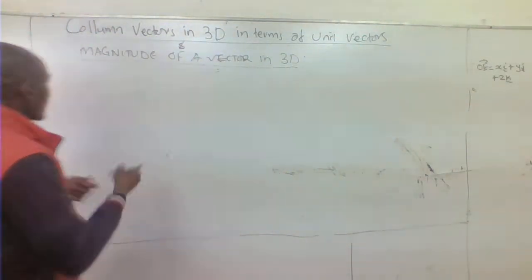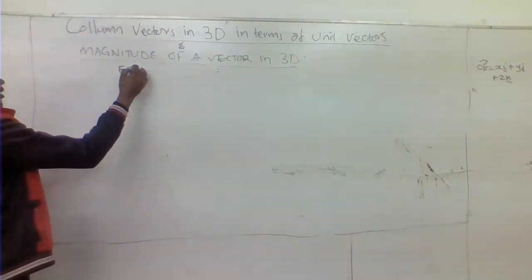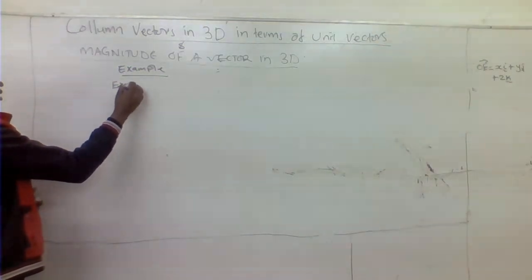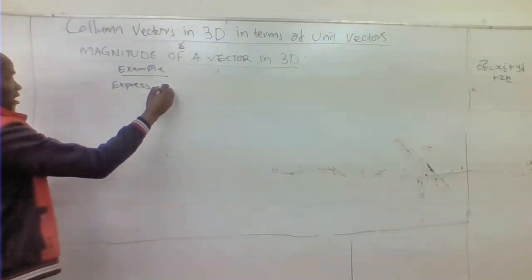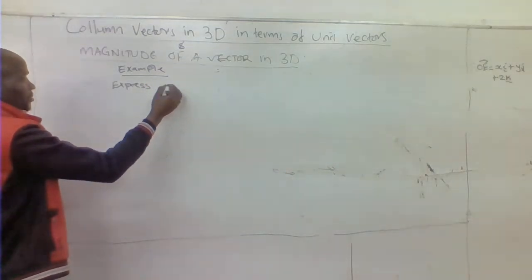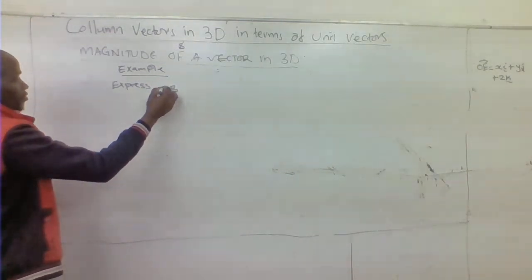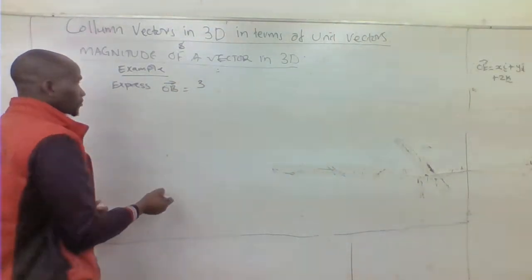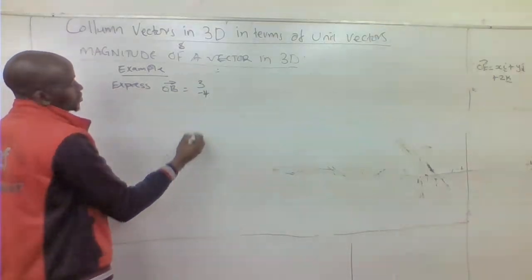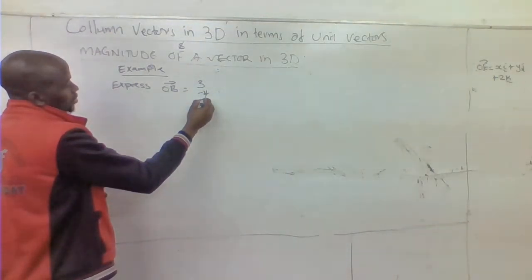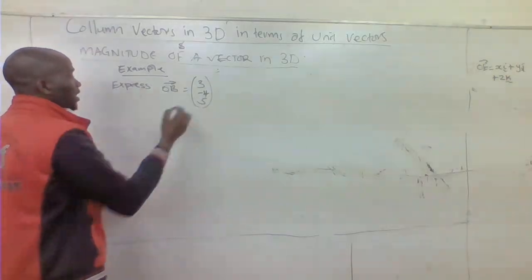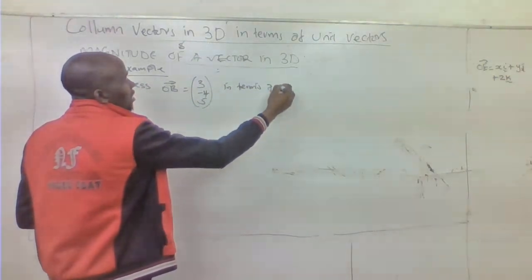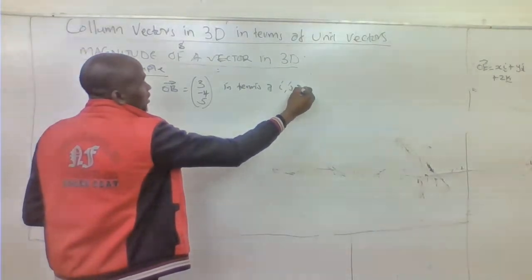You are told to express vector, let's say OB, which is equal to 3, negative 4, 5, in terms of i, j, and k.